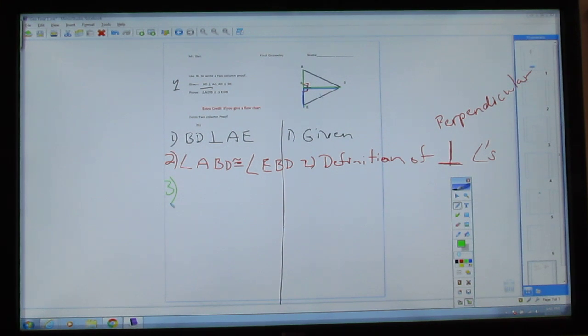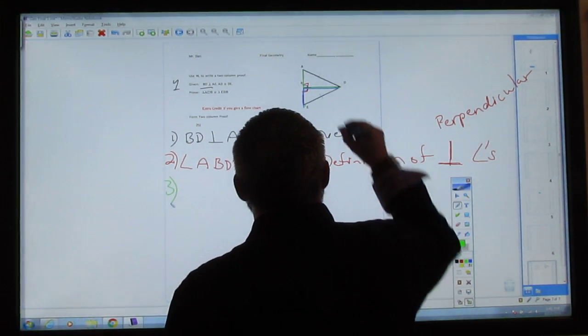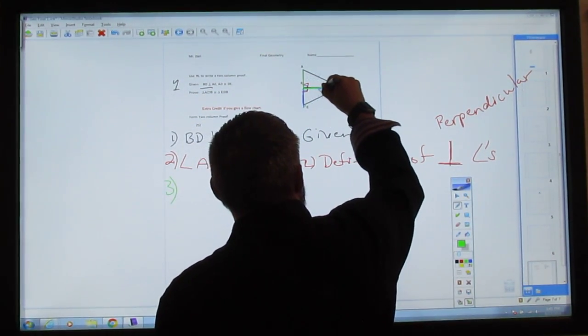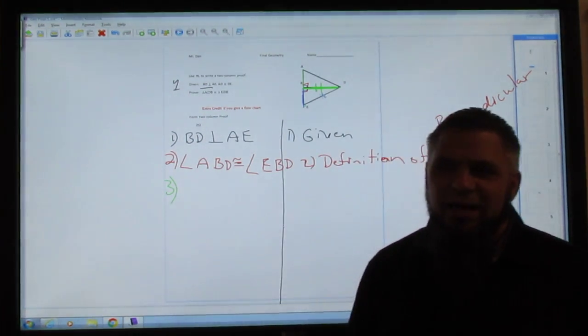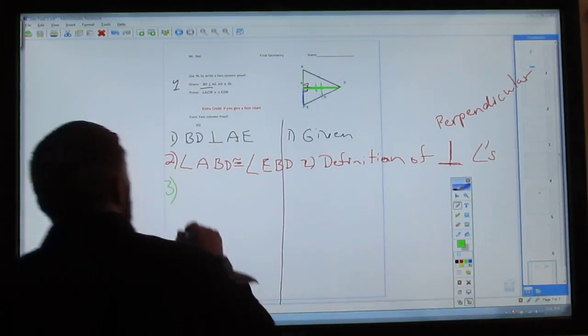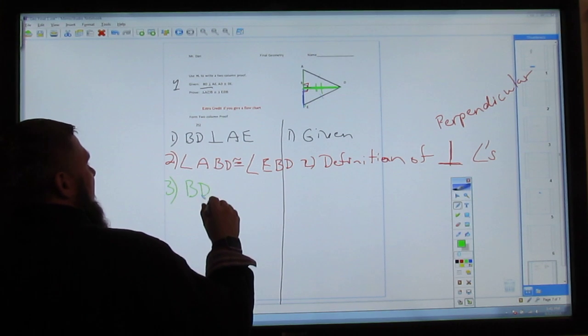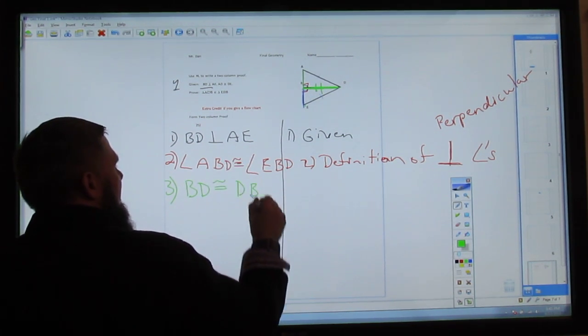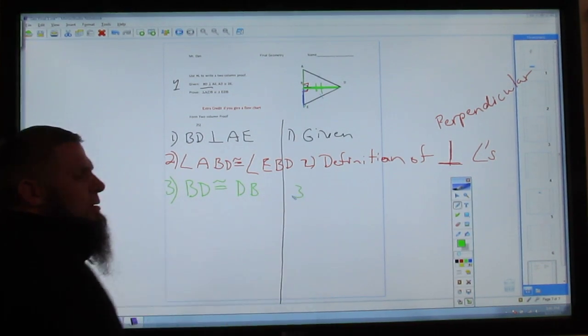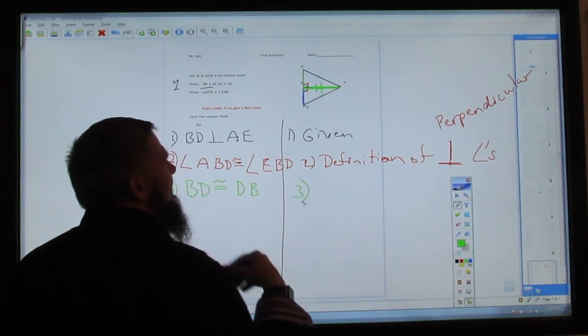AD, BD. Yes. Look at this right here. This has to be congruent to itself, right? BD has to be congruent to what? DB, right? Why? Reflection. Reflective, right?